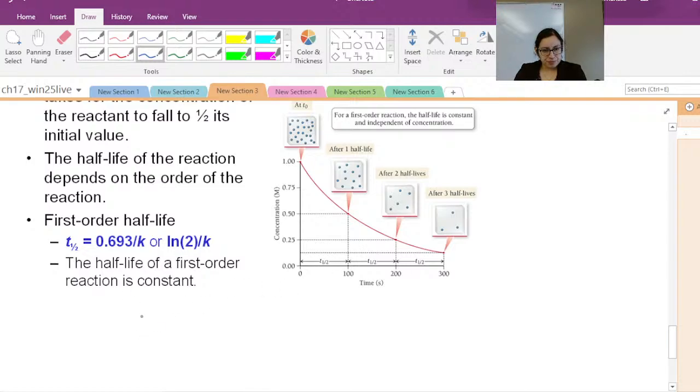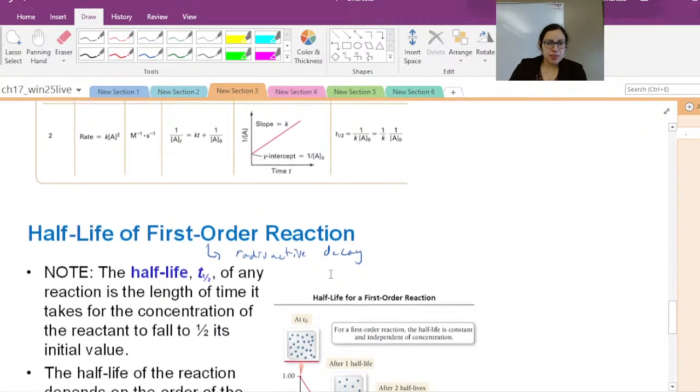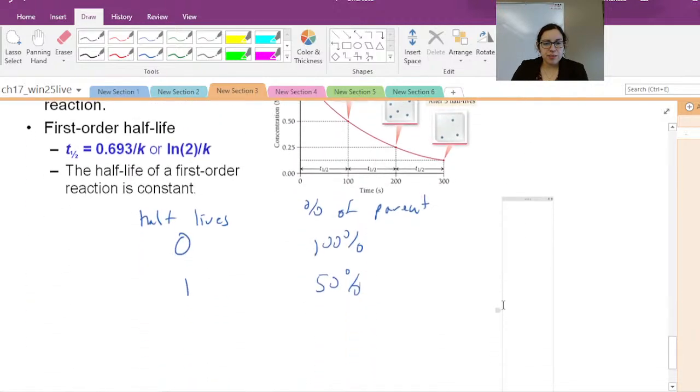And you can set up these charts: half-lives, percent of parent. At 0 half-lives, obviously you have 100% of the parent, as it's called. Then at 1 half-life, 50% is gone. Now you have 50% of the parent and 50% of what's called the daughter nuclei, whatever it decays to. That gets into decay chains.